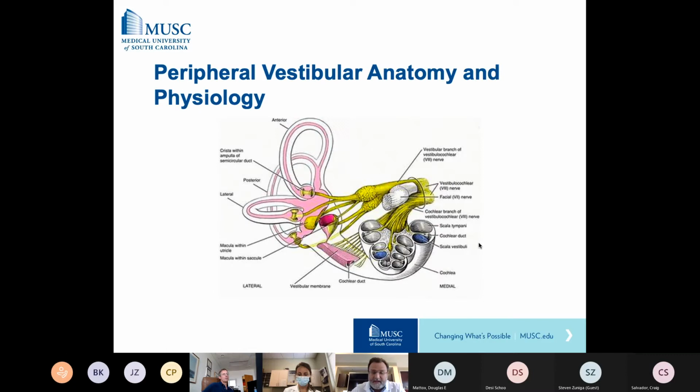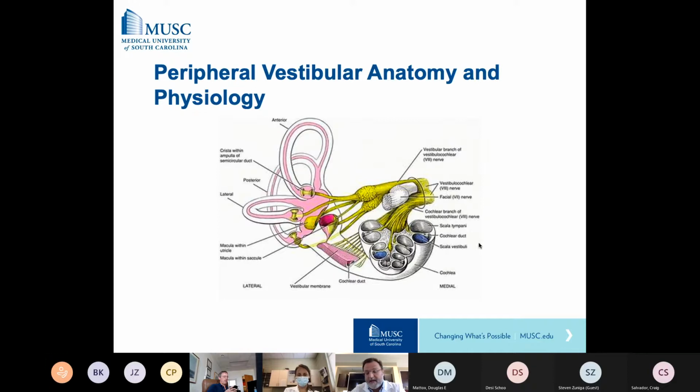This slide summarizes everything you need to know about the anatomy of the peripheral vestibular system. We all know there's a vestibular nerve that is divided into two branches, the superior and inferior branch. The superior branch goes to the superior canal, lateral canal, and the utricle, and the inferior branch goes to the posterior canal ampulla and the saccule. Of course, there are some anastomoses, but this is the most general representation of the innervation.